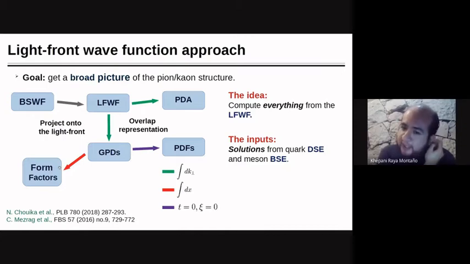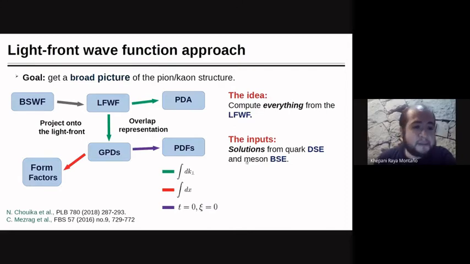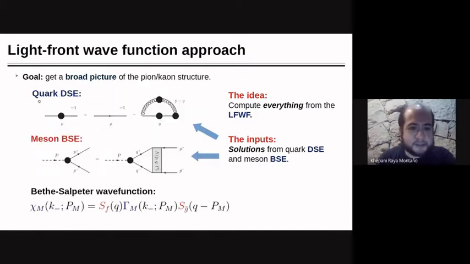And because we are Dyson-Schwinger equation people, we would like to get our inputs from solutions of the quark DSE and the meson Bethe-Salpeter equation before projecting onto the light front. These inputs come from this kind of equation: the Dyson-Schwinger equation and the meson Bethe-Salpeter equation.